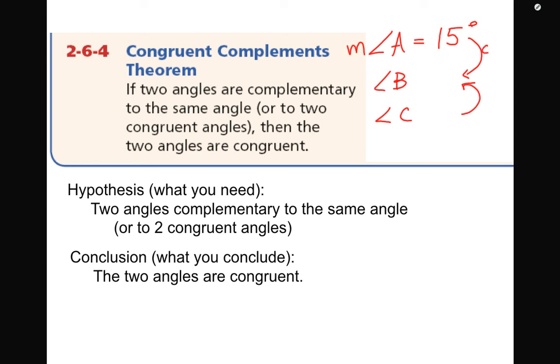This one's complement. Did you catch that? Okay, complementary. Okay, so what would the measure of angle B have to be? 75 degrees. Those two have to add up to 90. Now angle C, if it's a complement to that 75, C is 15. And in the end, we do have angle A and angle C congruent because they were both complementary to the same angle.